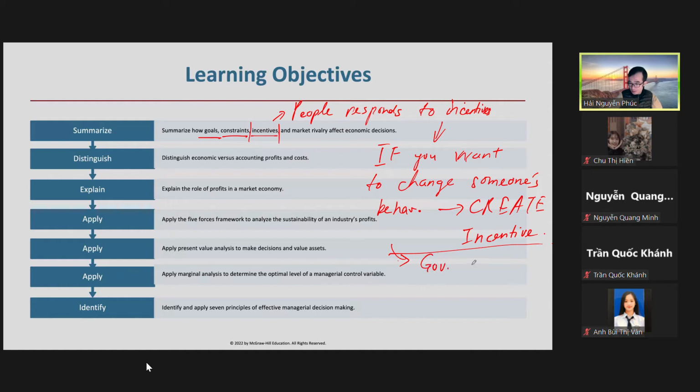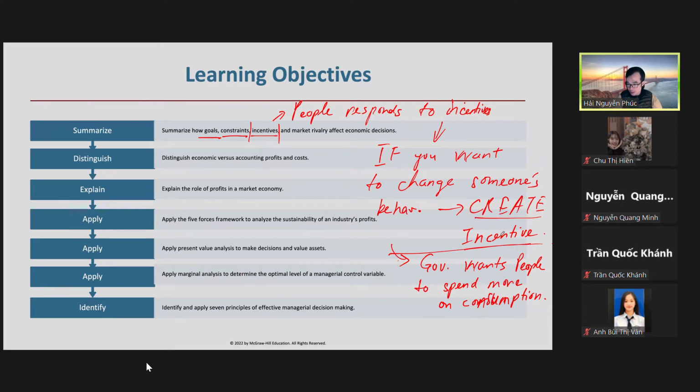The government wants people, the Vietnamese people, to spend more on consumption. All right? And based on our rule, we know that the government will have to create incentive.